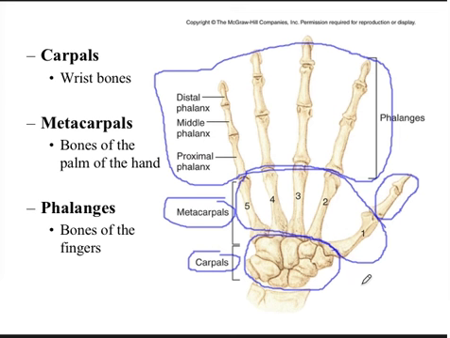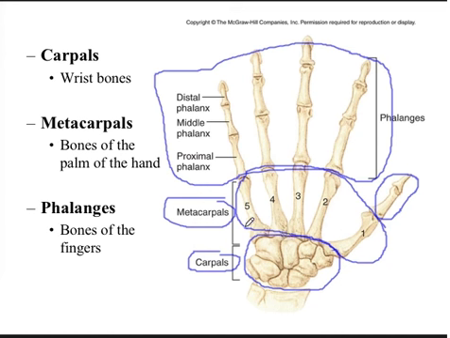But again, you're not going to have to concern yourself with individual carpal bones. We're just going to deal here with the 3 divisions. The joints between the carpal bones are sliding joints, sliding or gliding joints.